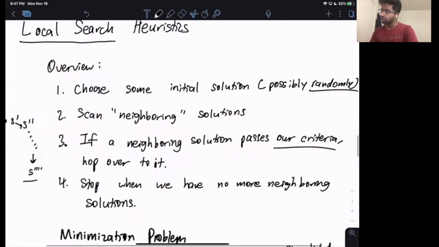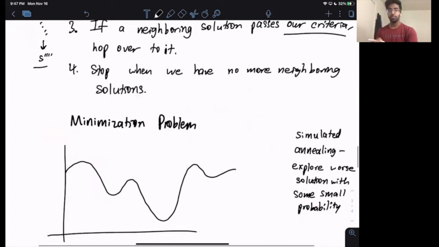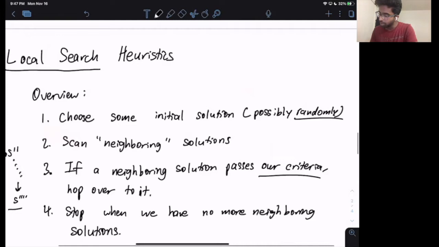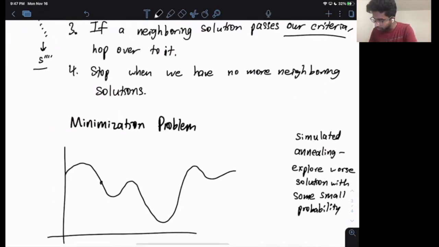But anyway, in the approach that I stated earlier, our criteria was, does the neighboring solution have a lower cost? If so, move to it. Another way of defining the criteria is, so there's actually a problem with that approach, right? So let's say step number one is choosing some initial solution, right? So let's say our initial solution, we chose right over here.